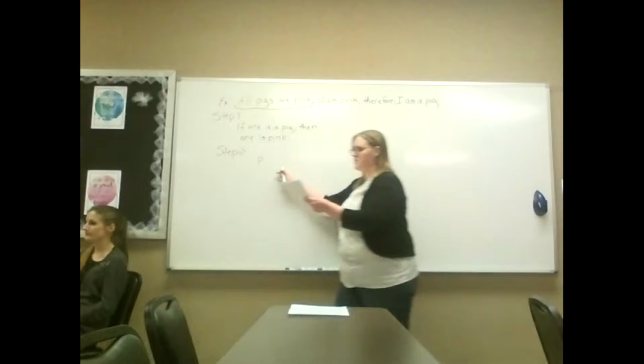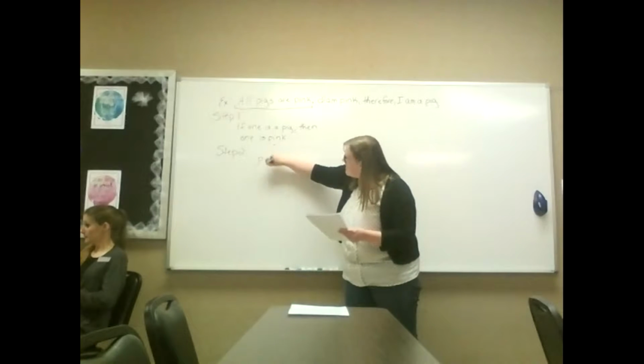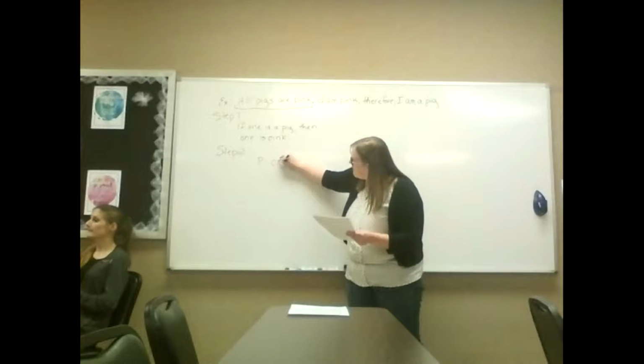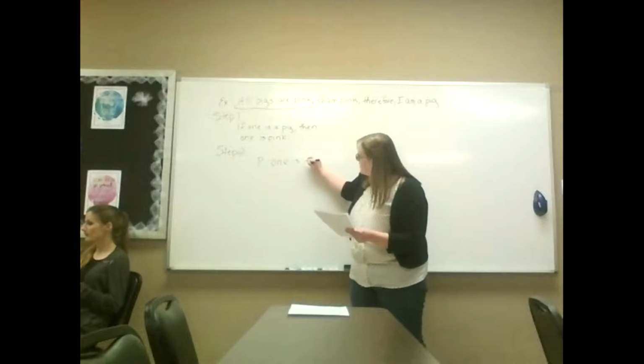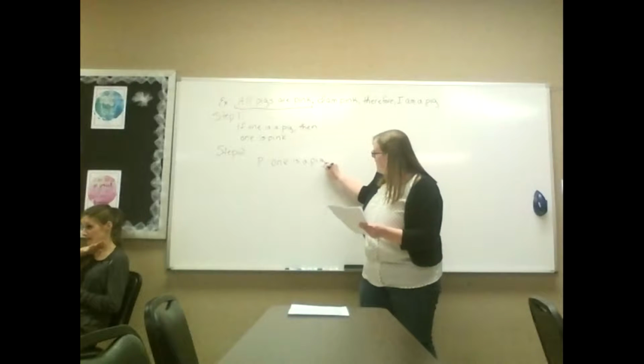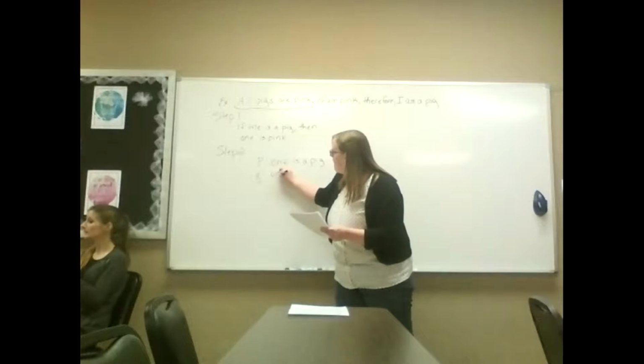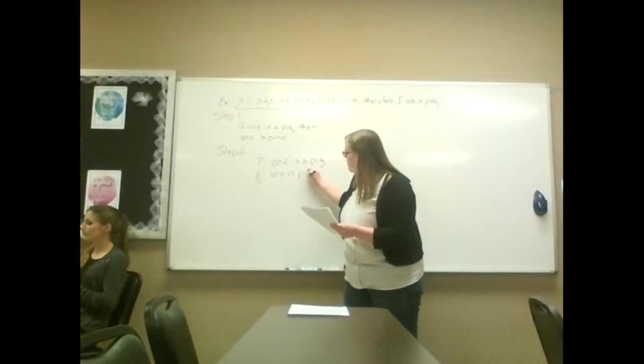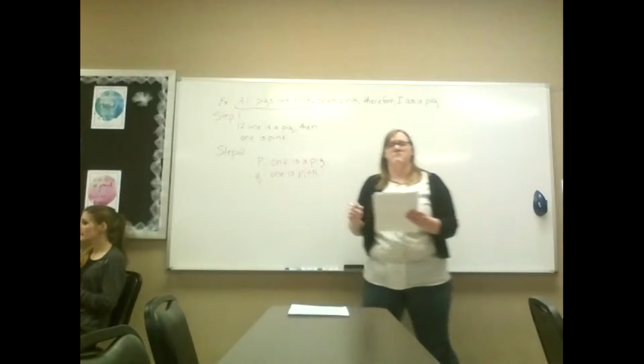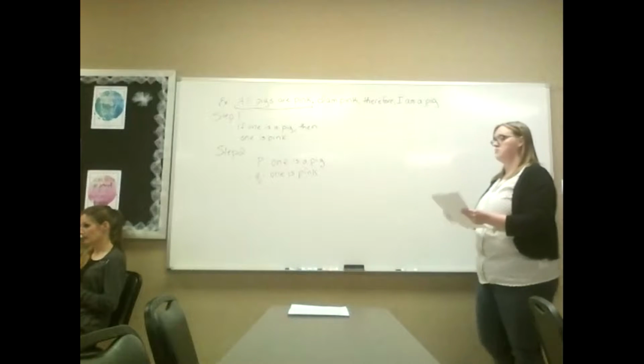Okay. So step 2, we're going to say that P is the simple statement, 1 is a pig, and we're going to let Q be the simple statement, 1 is pink. All right, so that's the completed step 2.